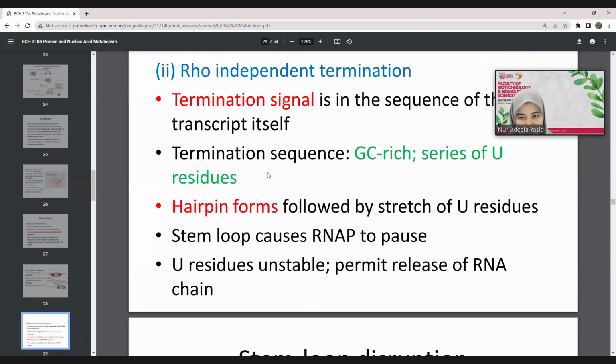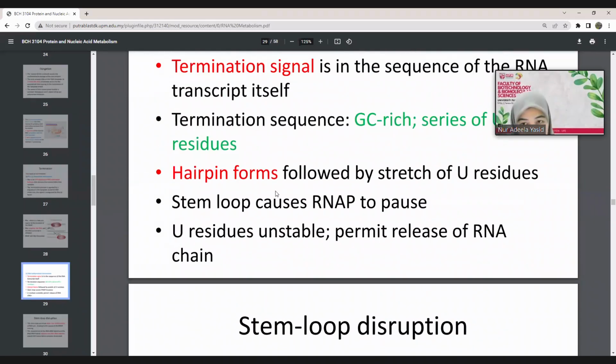Once it encounters the GC-rich region, the mRNA falls back on itself, and the complementary C and G nucleotides bind together, forming a hairpin. This is followed by a stretch of U residues. Basically, the hairpin is a very stable formation.